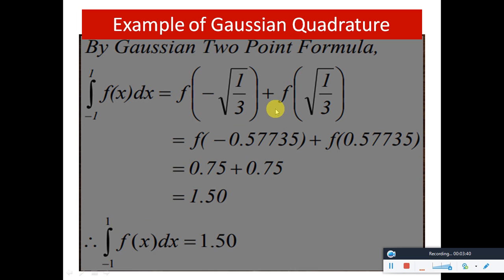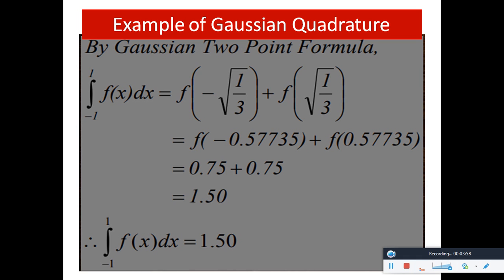Now by the 2-point formula, the integral from minus 1 to 1 of f of x dx is c1 into f of x1 plus c2 into f of x2, where c1 and c2 are 1, that is the weightages. Those weights can be taken from the tables I have shown in the previous classes.